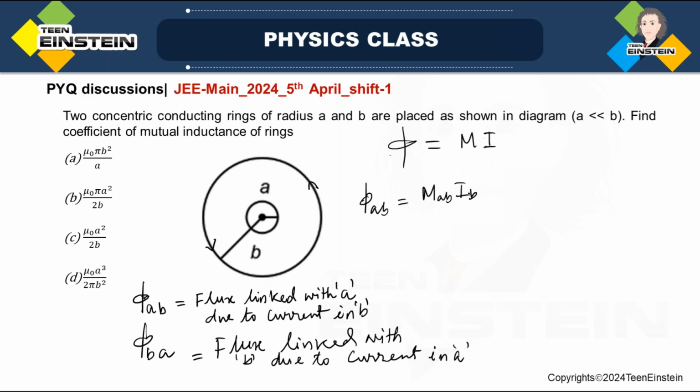That means when you pass current through the bigger ring of radius B, you have to calculate the flux linked with A. And if I write phi BA, that means you are finding the flux through the bigger ring when the magnetic field is produced by A. Now which one to find out here?